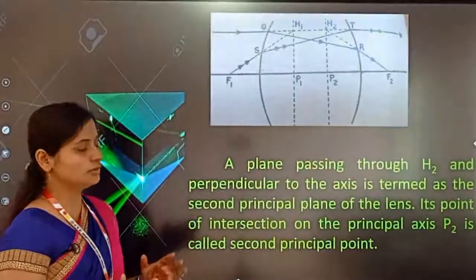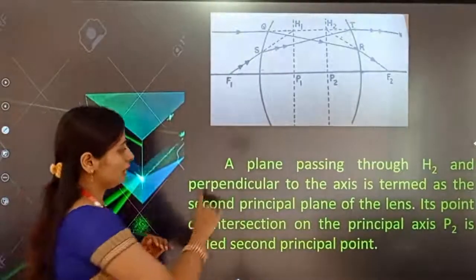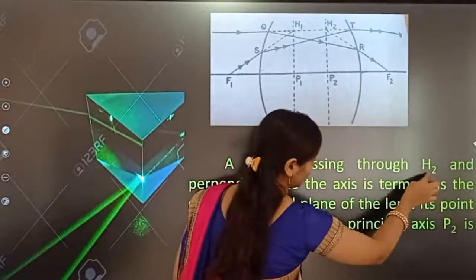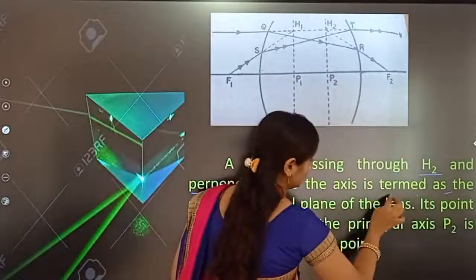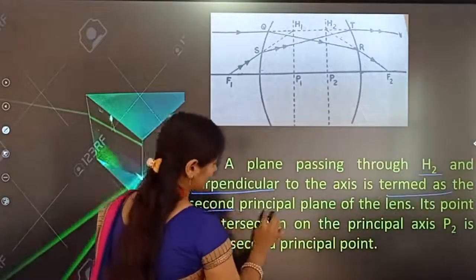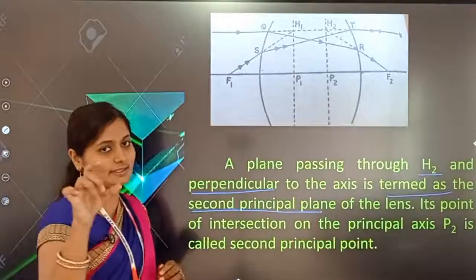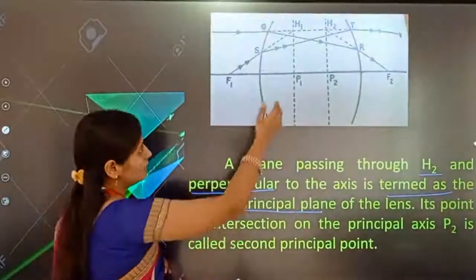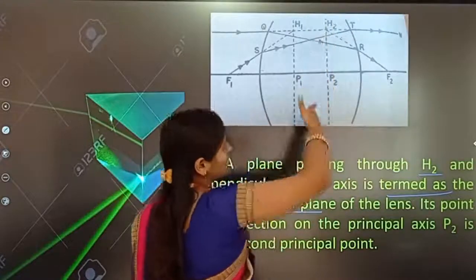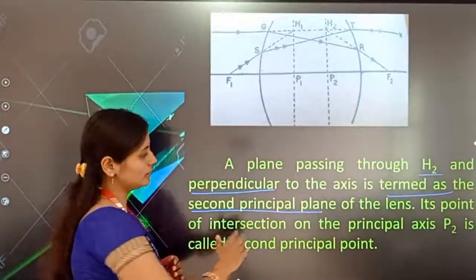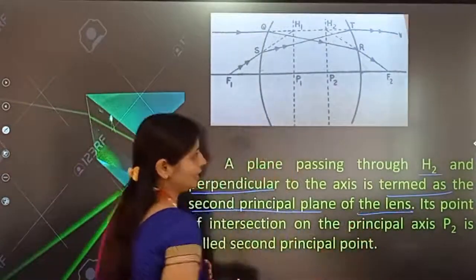A plane passing through H2 and perpendicular to the axis is the second principal plane. What is the second principal plane here? That H2 P2. So we get H2 P2, that plane of the lens, known as our second principal plane.